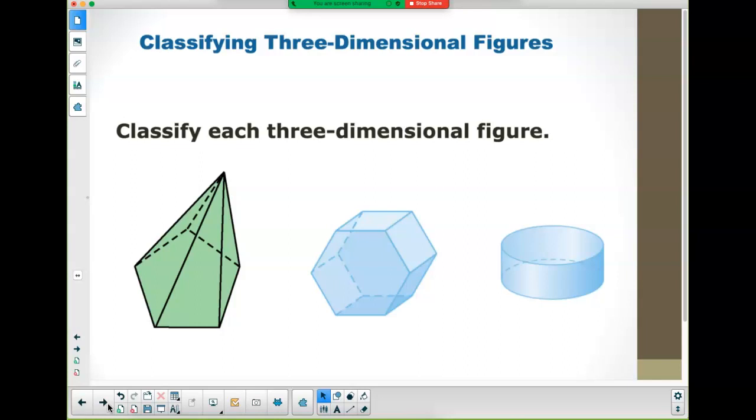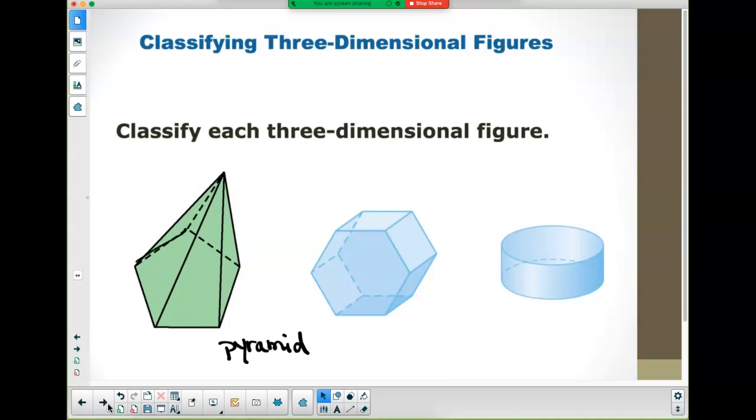So what is that first one? What do you think? What would you call that? Any ideas? Does it look like a prism? Does it look like a pyramid? Yeah. It comes to a point, so it's a pyramid, but we need to be more specific.